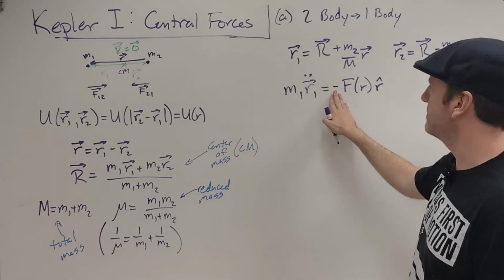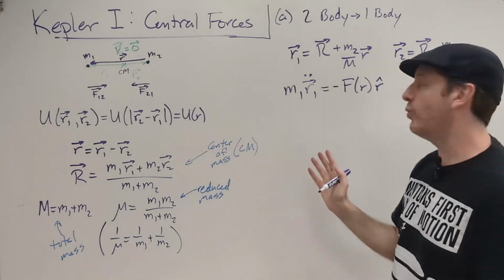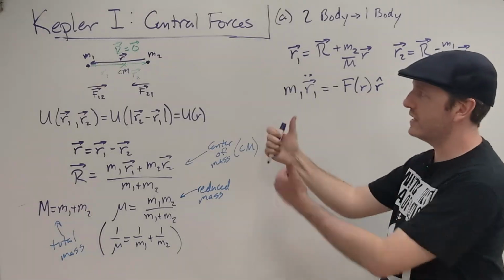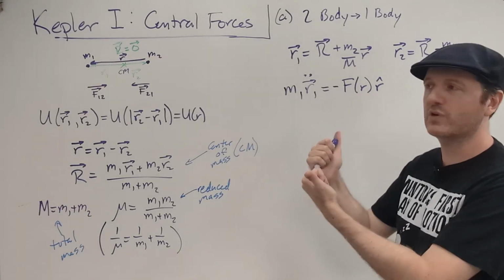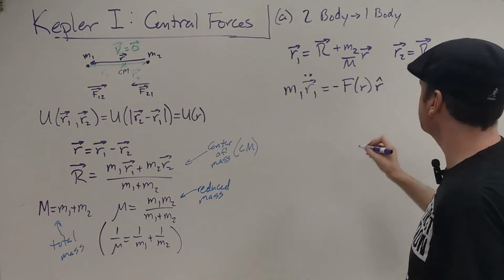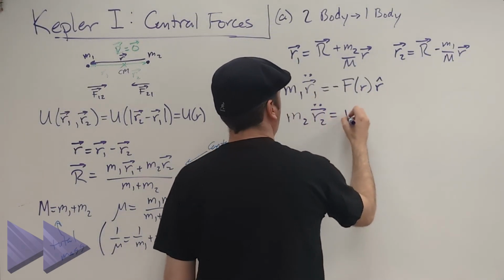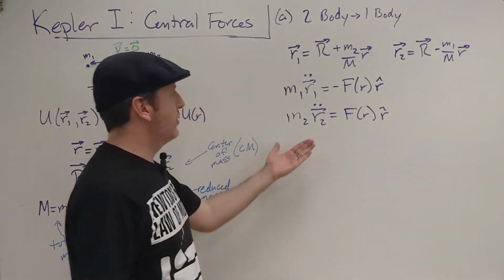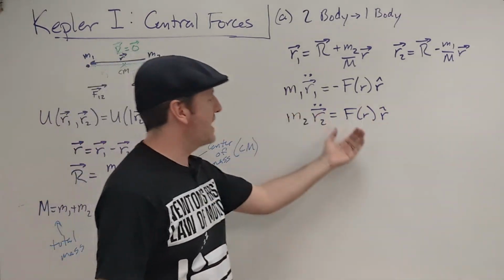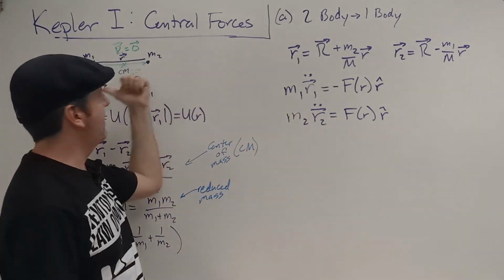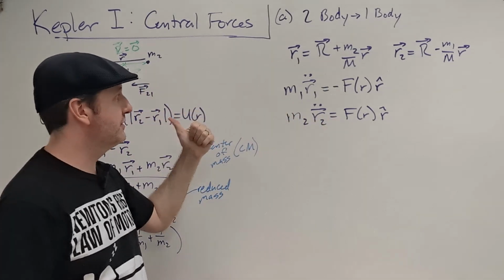And that's why this has a minus sign. There's absolutely no reason why I couldn't have just replaced this with a positive sign, with the 2 pushing away from each other. That's fine. We can do the same thing for mass 2. Notice it only has one force acting on it. It's the same magnitude force, but of course, the way I've drawn it, that's going to be attractive.